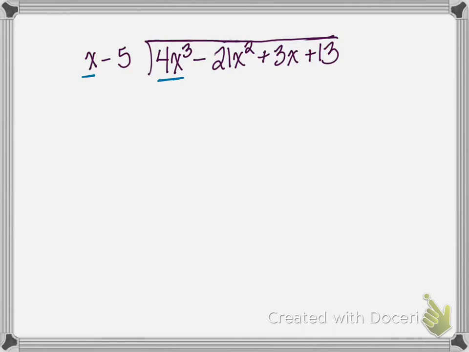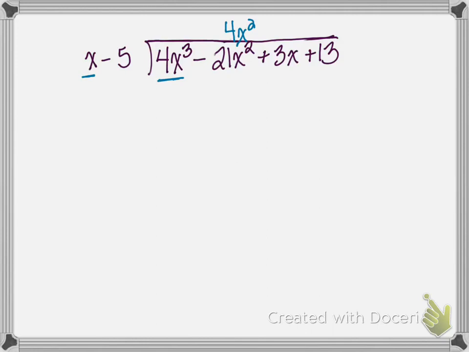The answer is 4x squared. And notice that I am putting that over where I have the x squared in this polynomial. That's where it goes. Okay, so x times 4x squared gives me 4x to the third.